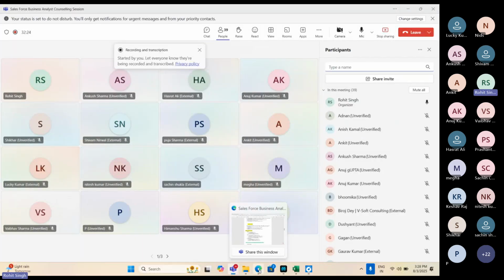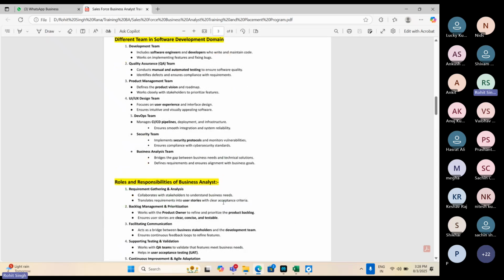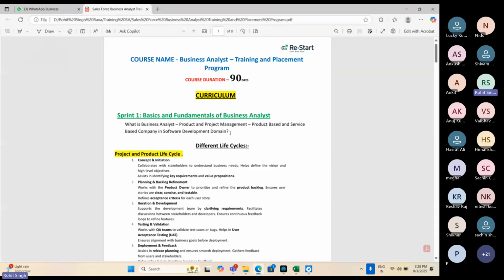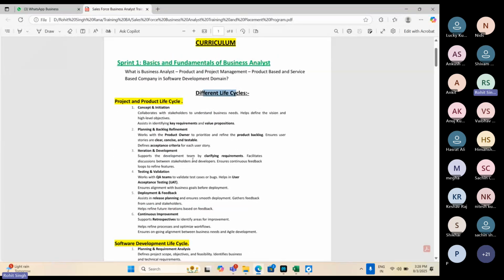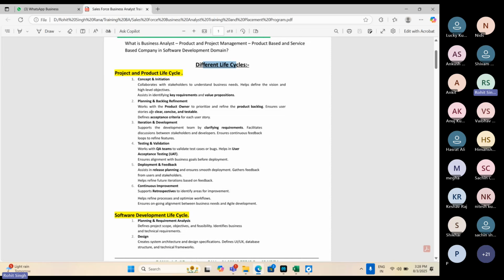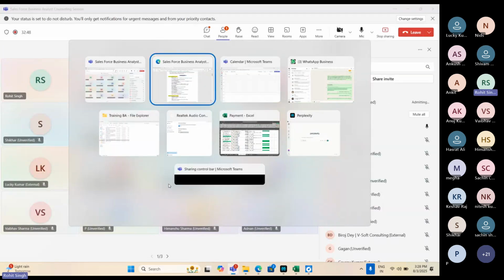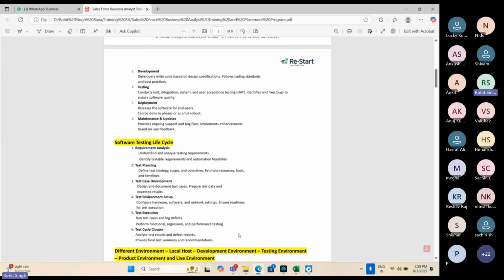So let me show this. So guys, these are some of the points that we would be discussing and more. In sprint one, we would be discussing basics and fundamentals of business analyst, different life cycles, which are project, product, software development, and software testing life cycle.